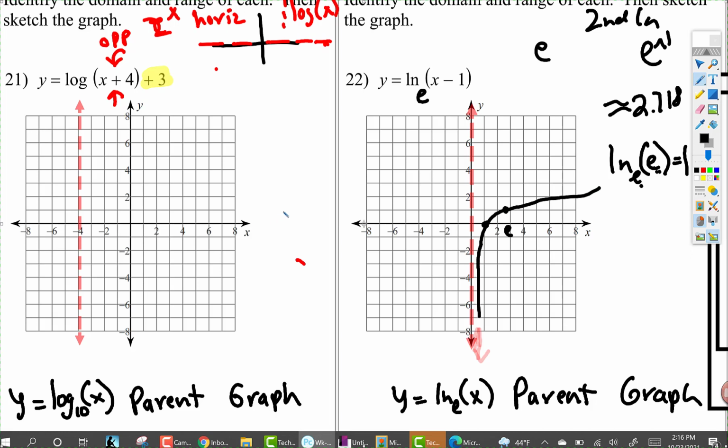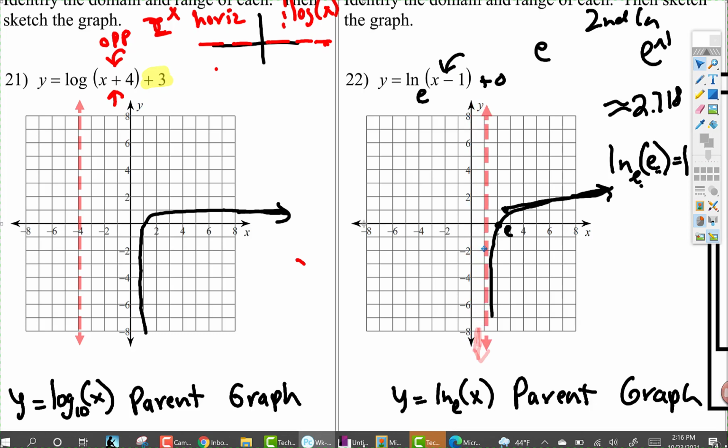Remember what the other one was? It wasn't until we got all the way over here to reach a height of 1. So that one doesn't rise as quickly. This one rises a little bit more quickly. And there is no number outside, so we don't have to worry about going up or down. But what's the opposite of negative 1? Positive 1. So we're going to move this over 1, and move this over 1.